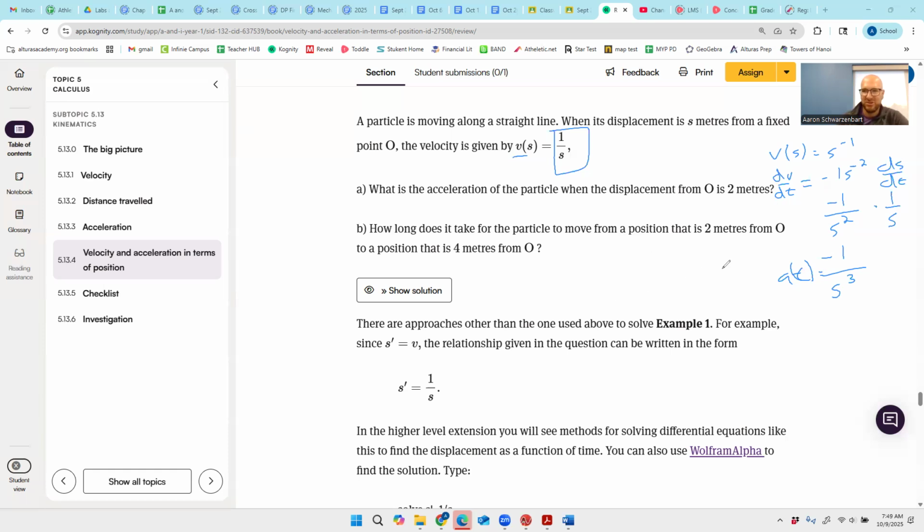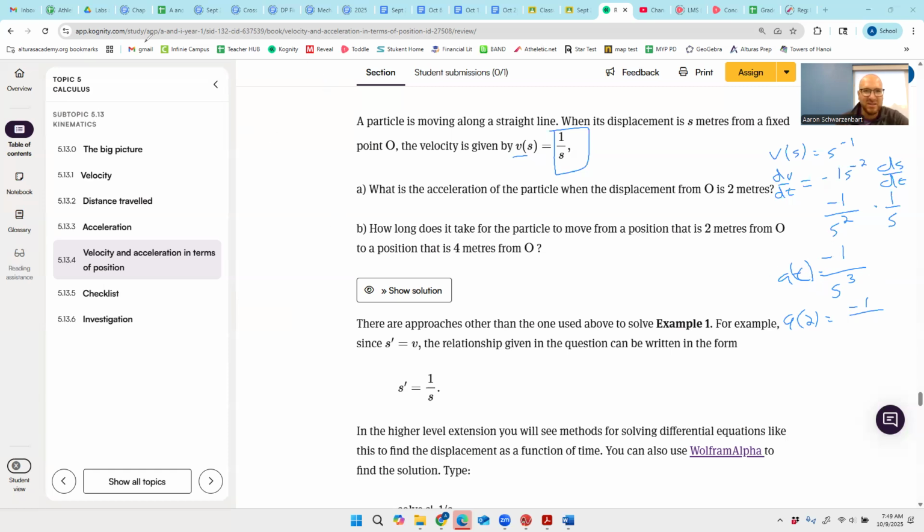So some of the things they show you, yeah, apply it, but because my independent variable was not t, I would just do it like I'm deriving a related rate. Oh, and I need to find the acceleration of the particle when it is 2 meters, a of 2, negative 1 over, I guess this is a of s still.